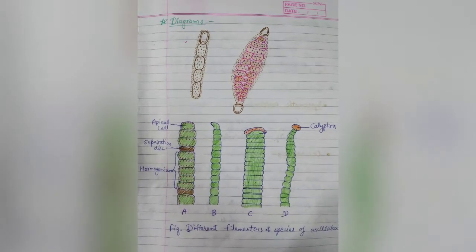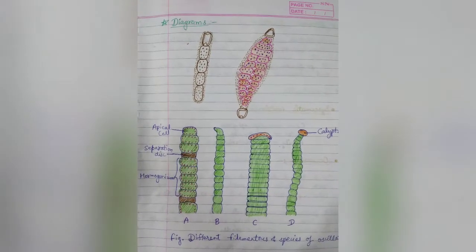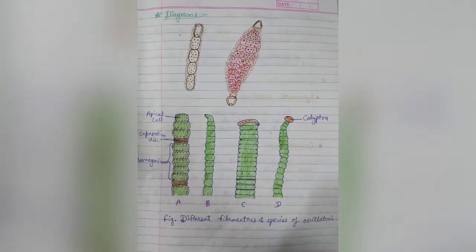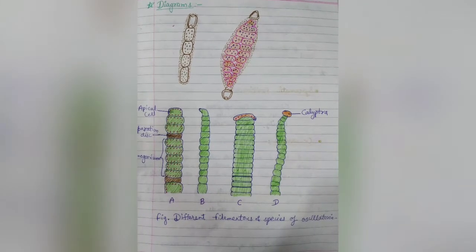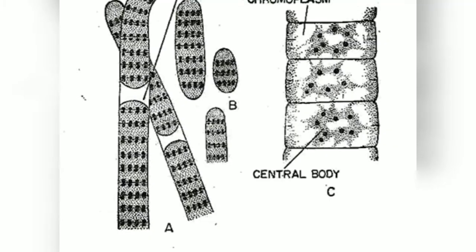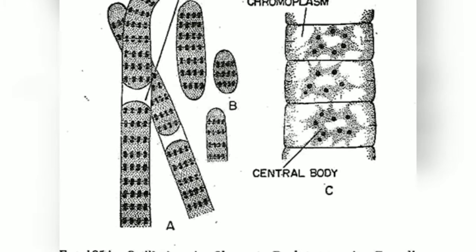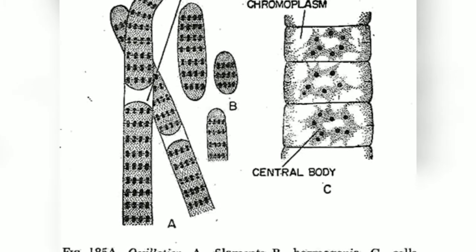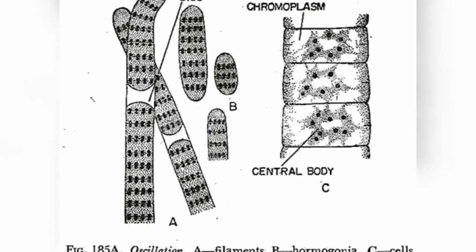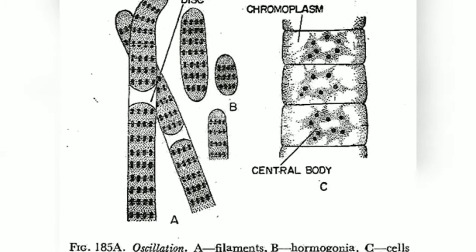L1 and L2 are electron transparent and L3 and L4 are electron opaque. Contractions in fibrils of cell wall are responsible for gliding movements.